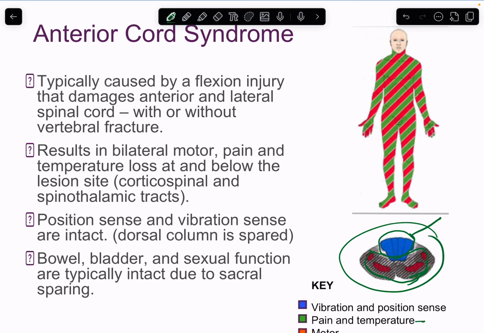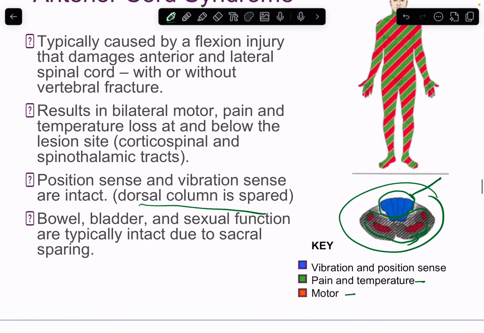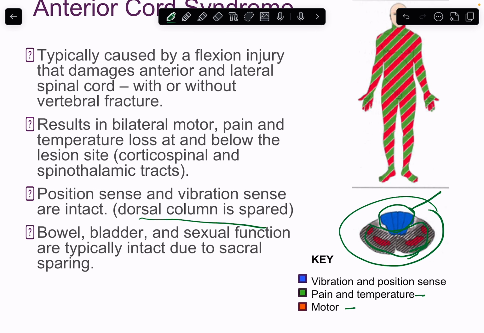So the only one that is spared, again, as I said, is the dorsal column. So that's for vibration sense, proprioception, right? Bowel and bladder and sexual function are intact due to sacral sparing, okay?